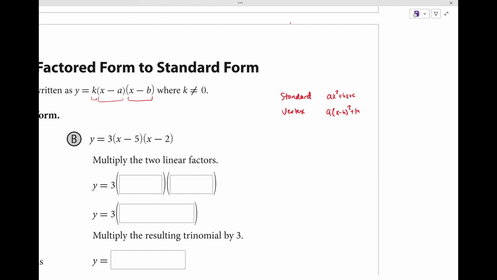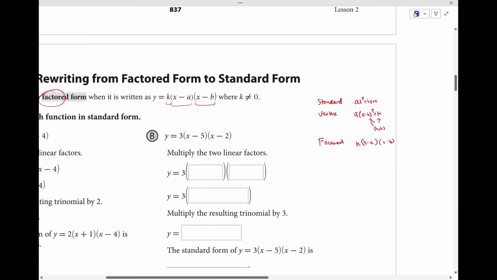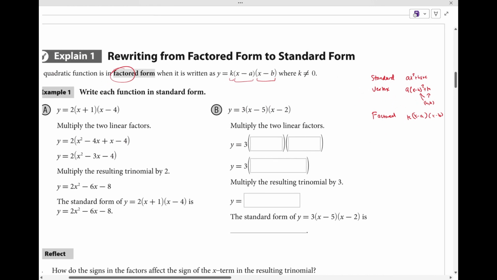Remember, from vertex form you get your vertex, h and k. And then now we just learned about factored form. Factored form is something like x minus a times x minus b, maybe with the k out in front. So those are the three forms of quadratic equations.